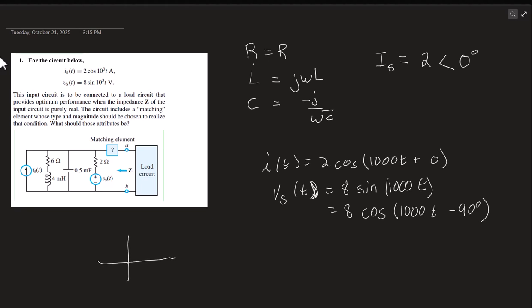So if I have sine, and then if I take cosine and I shift it right by 90, that gets me sine. Yeah, that's right. Okay, so our voltage would be 8 angle negative 90 degrees.